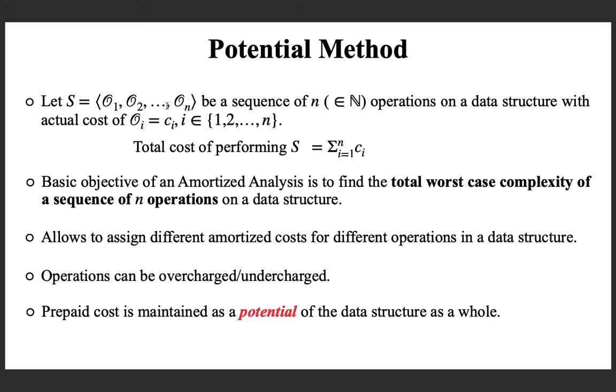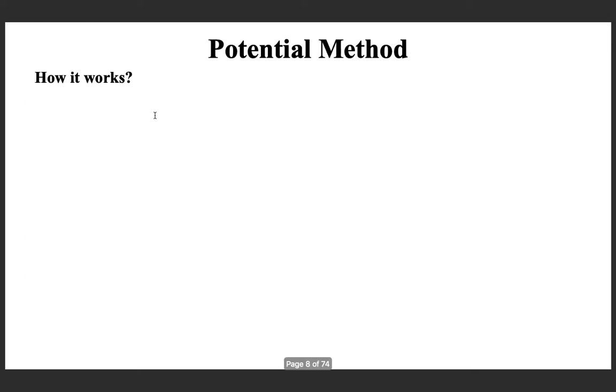Suppose the cumulative cost at a particular time instant during this sequence of operations is some n time units, then n is considered as the potential of the data structure. It could be the stack or the k-bit binary counter. Okay, so this is the basics about the method. When we proceed, the examples can make it more clear.